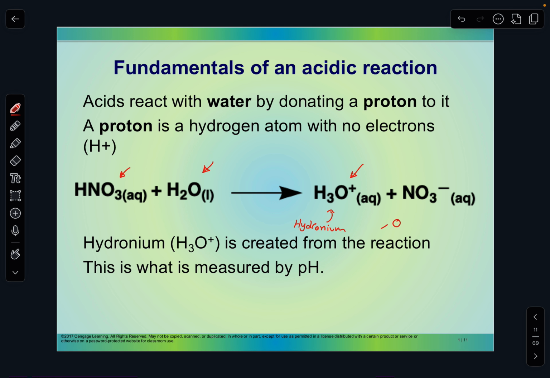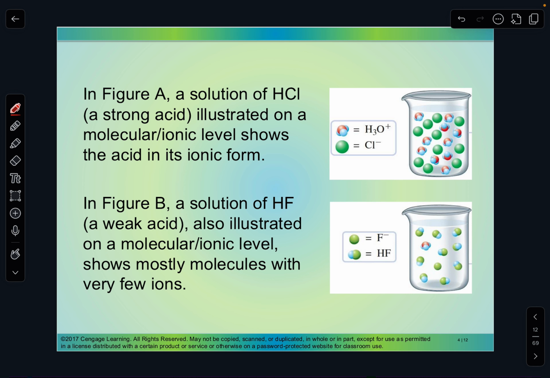You have an O with an H and an H, and then there's another H. It's like water, it just has another H coming off of it, and it has a plus charge. And so you have that attracting, and then you also have the counterbalancing ion. And so this is what we measure pH with, is the amount of H3O plus that is present. So that is the amount of acid that's present. And we'll get to pH at some point.